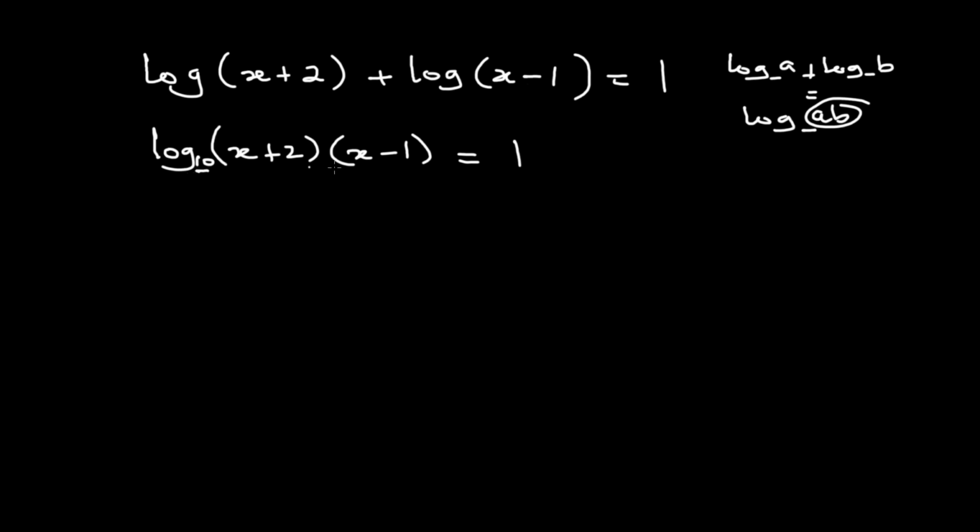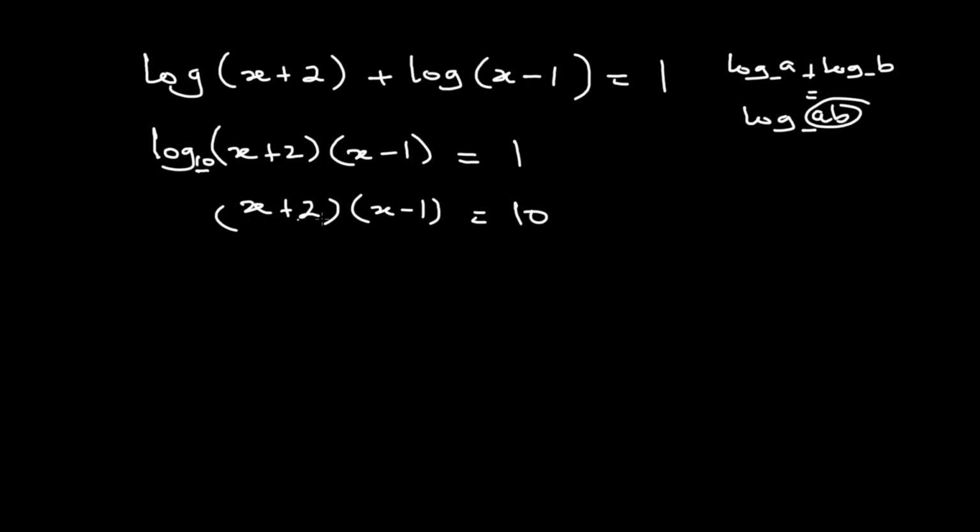Since it's a base, if we take it the other side, it will become the opposite of what a log is, which is an exponent. So here, but this maintains its nature as a base, so it will be a base here. So x plus 2, x minus 1 is equal to 10 becomes a base, power 1, so it's 10.